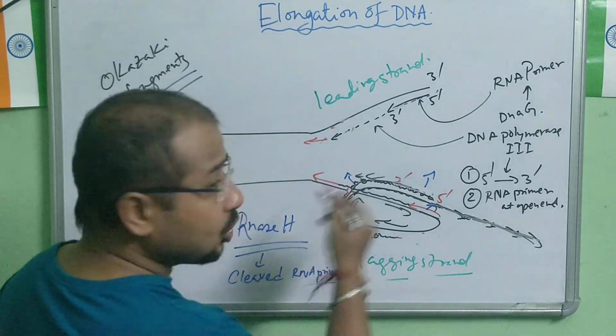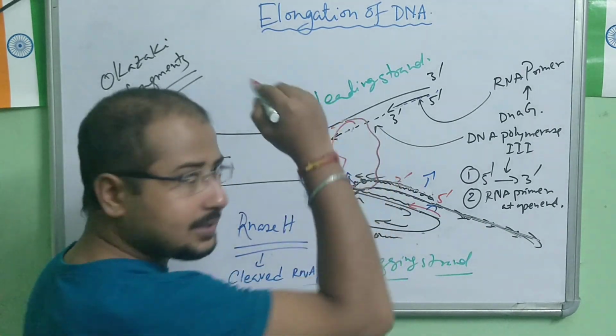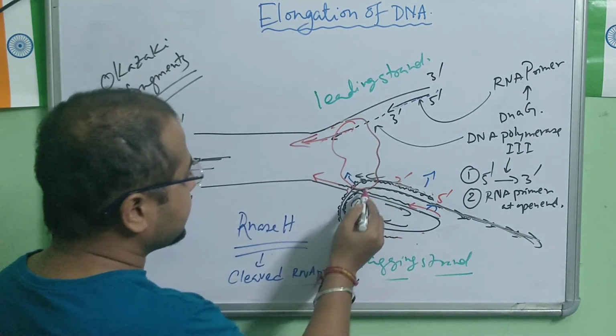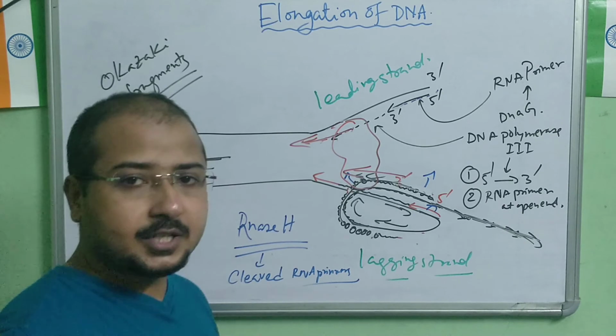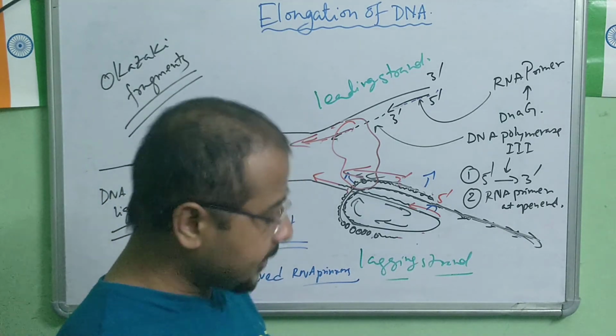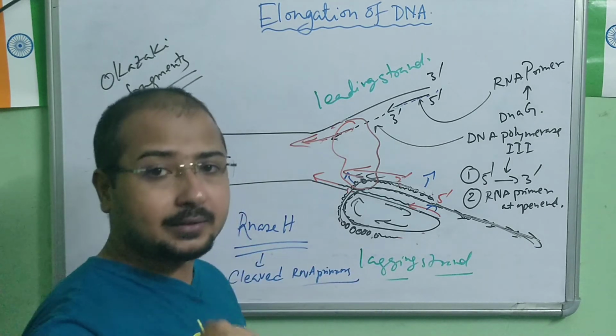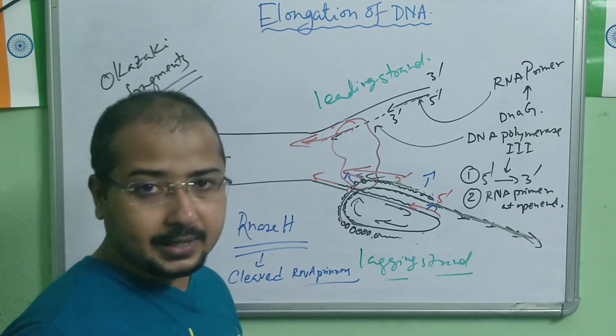Once it takes the loop here, the DNA polymerase replicates this strand in this direction and this strand also in this direction, the same direction. Now it is possible. So both the strands are now elongating. The DNA is forming. There is an elongation process of DNA.